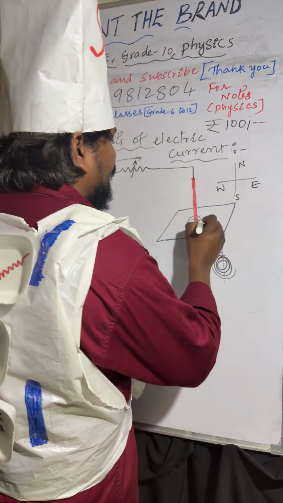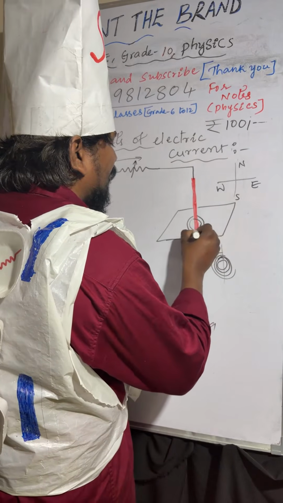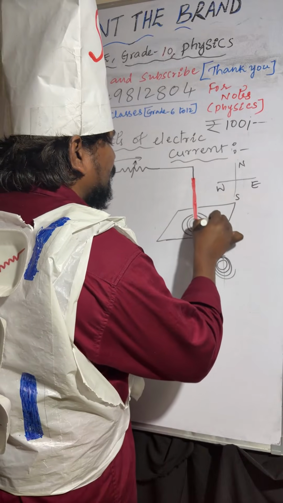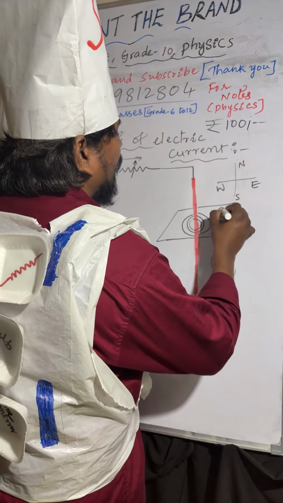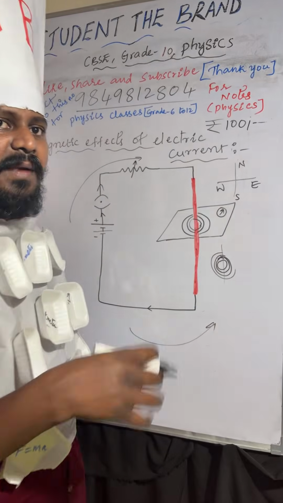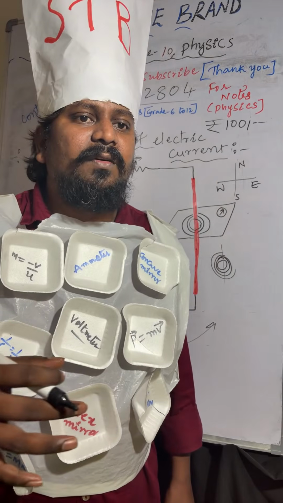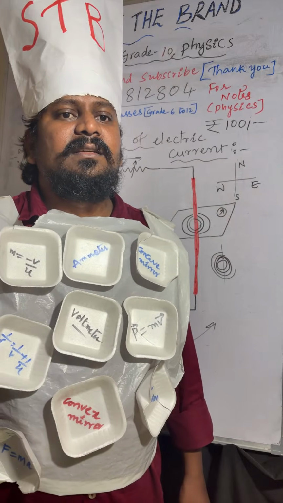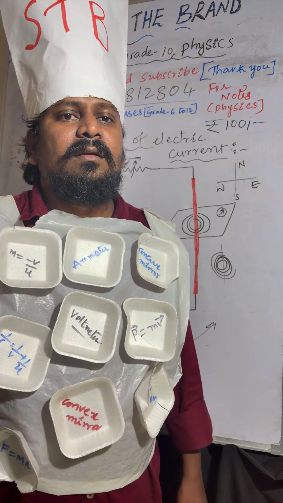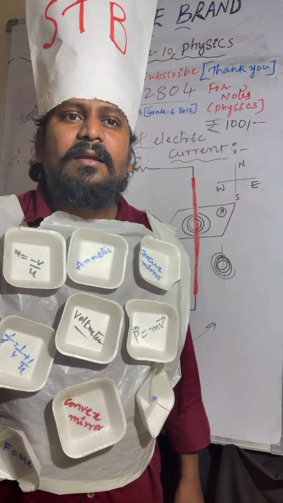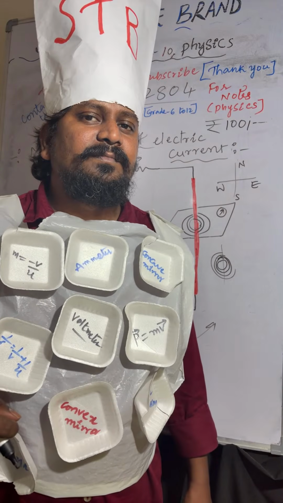Those are called concentric circles. Around the conductor, the magnetic field lines will be in the form of concentric circles. I hope it is very clear.